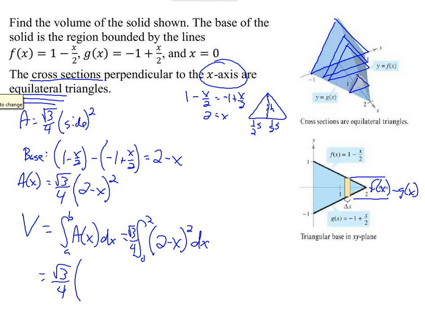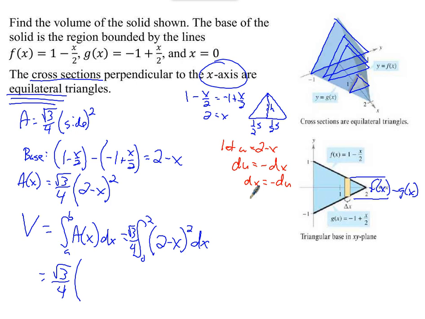Let's do a U substitution on this, because last time we tried to do this, it was terrible. Let U equal what? 2 minus x. So then du equals negative 1 dx, which means dx equals negative du. So then this becomes u squared with a negative du.